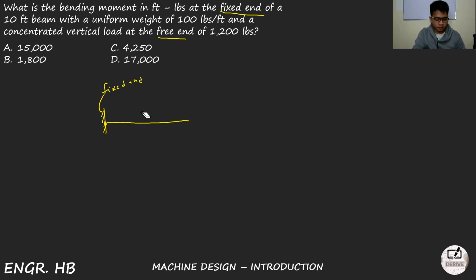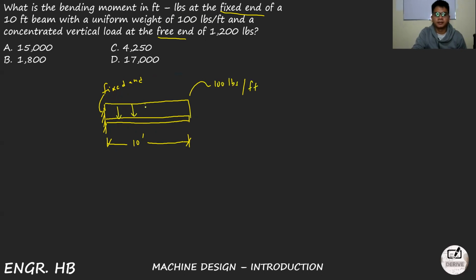Let me redraw this, I prefer a straight beam. Okay. The question: what is the bending moment in feet-pounds at the fixed end of a 10-feet beam? Let's put the 10-feet beam, with a uniform weight of 100 pounds per foot. We have a uniform weight there, so that is 100 pounds per foot. Let's add arrows so you can recognize this as a uniform weight load.